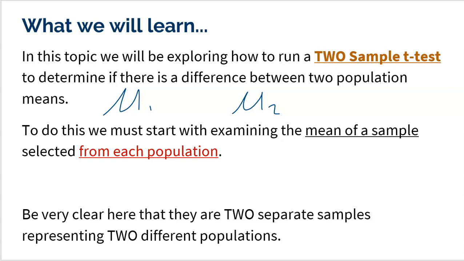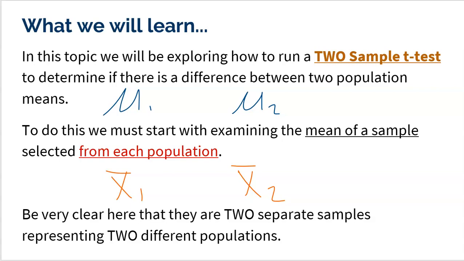So we're going to look at an x-bar for sample 1, that's a mean of a sample taken from population 1, and a mean of a sample taken from population 2. The key thing here is that we definitely have two different populations and two separate samples, one taken from the first population, one taken from the second population.